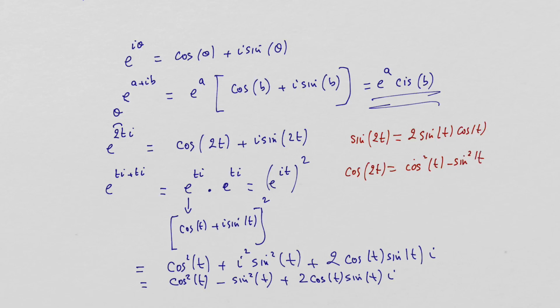I hope you remember this from pre-calc. Well, it just pops up. Cosine 2t is cosine squared t minus sine squared t, and sine 2t is 2 sine t cosine t. I thought you might appreciate that. So that should end our conversation. Once again, thank you for listening, and I will talk to you next time.